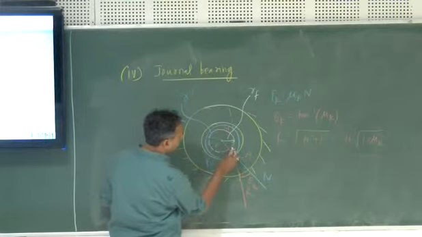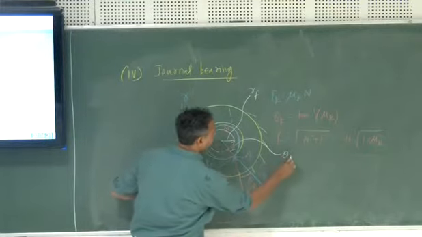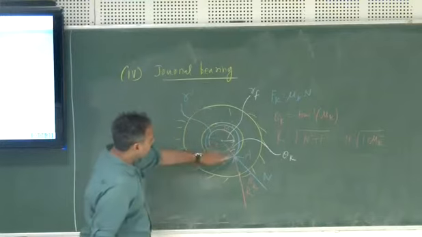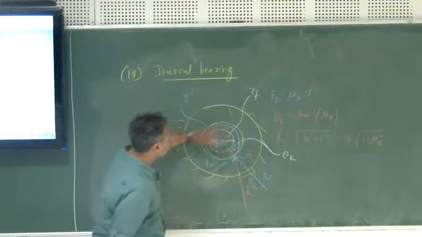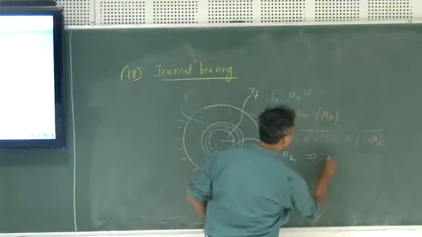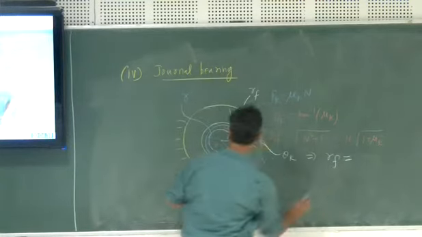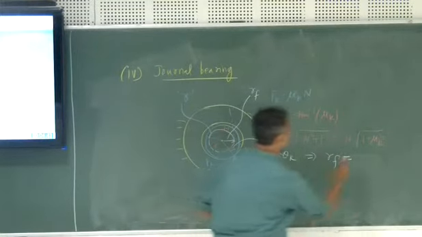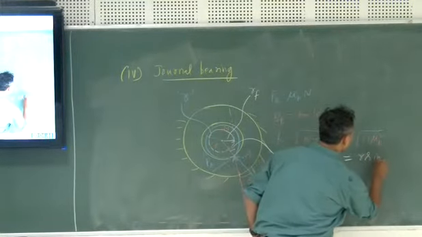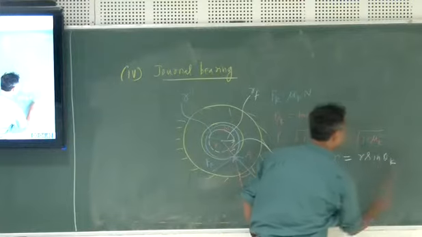This is 90 degrees, this is your theta k. So what will be this RF? This RF will be R times sine theta k.